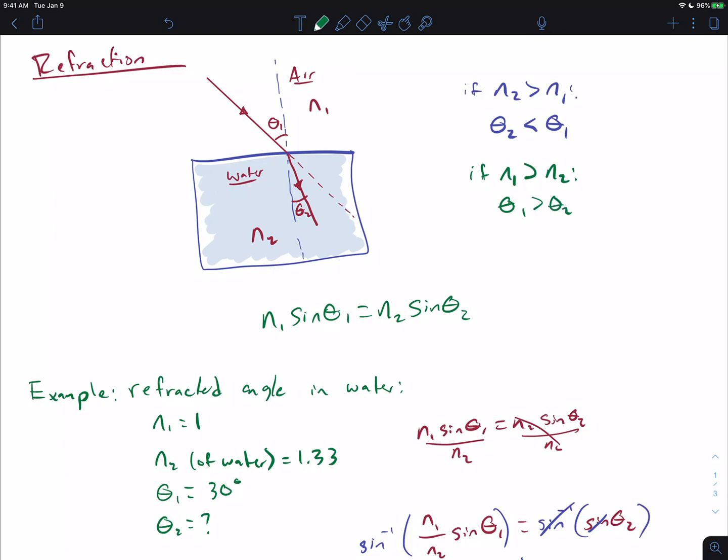So this would look something like this, where my angle would be larger. Okay, it would be larger than it was before. So this happens, let's say, if you're going from water to air, right? So this exact backward situation would happen, where if I went from 22 degrees in water, it would actually come out at 30 degrees in air, right? We can do this backwards as well.